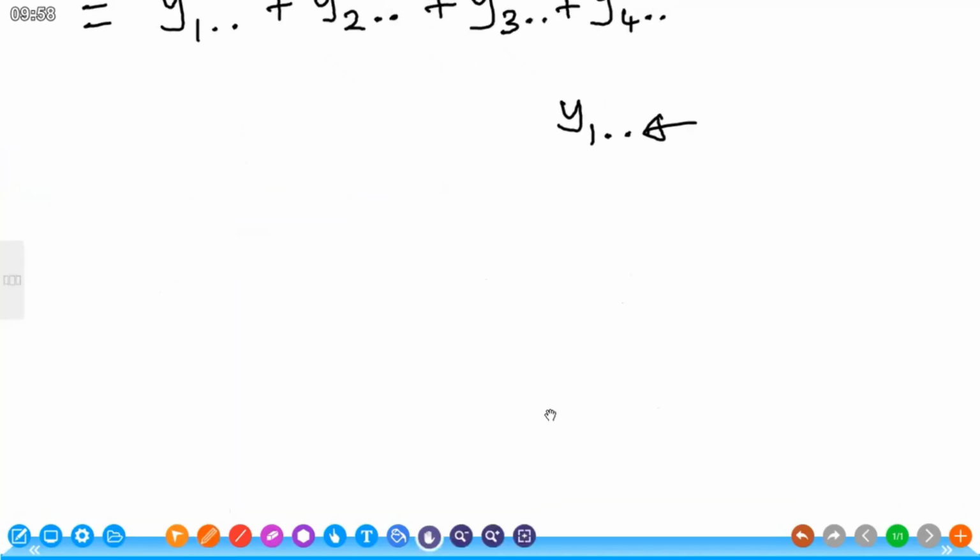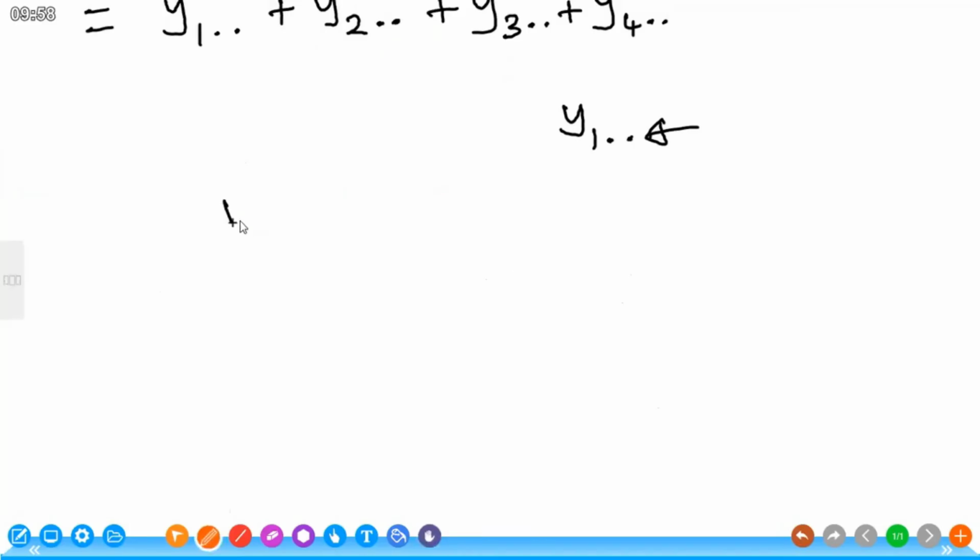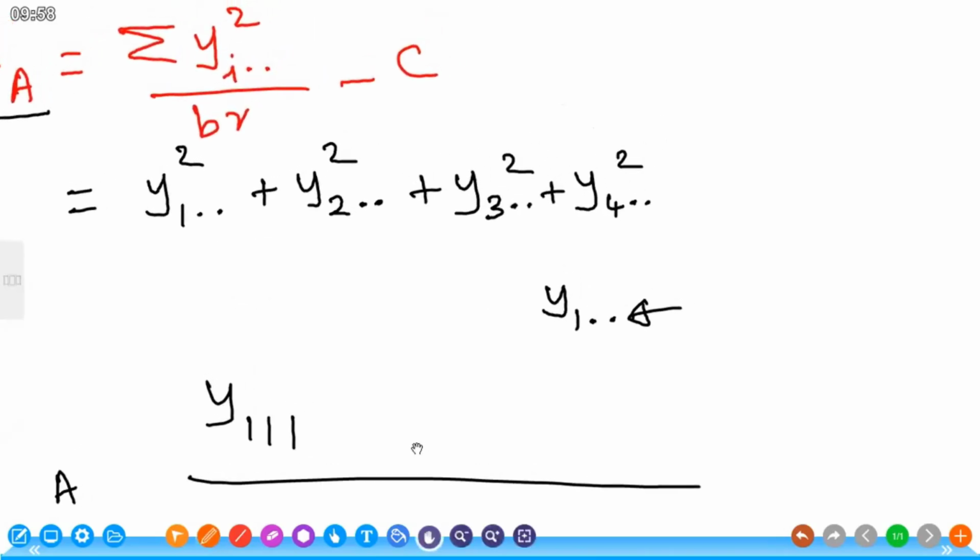For example, look at here, y1, 1. So this is factor A, right? You'll have to tell precisely: adding all the observations on factor 1.